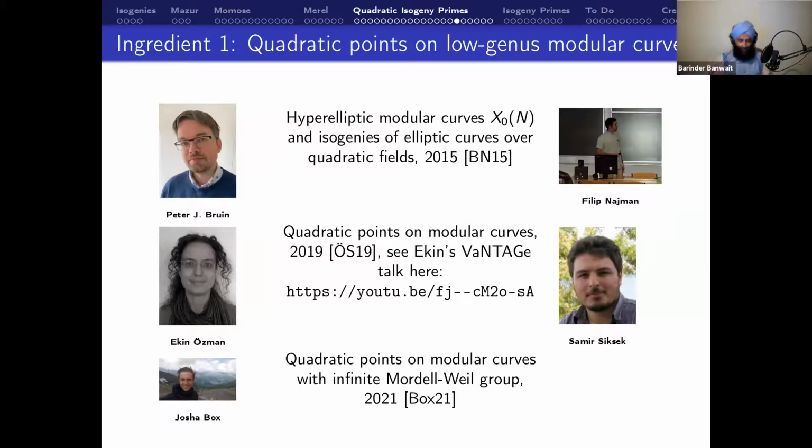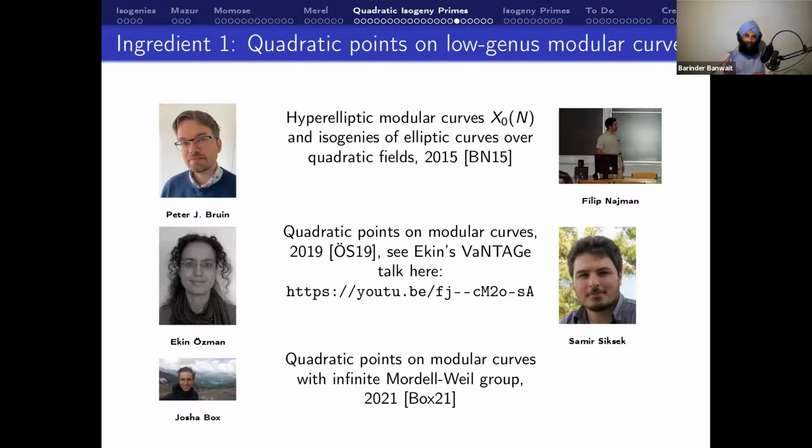So this is some work that was started by Peter Brown and Philip Nyman. So they considered the quadratic points on hyperelliptic modular curves, apart from n equals 37. And then more recently, Ekin Özman and Samer Siksek dealt with the non-hyperelliptic modular curves in genera 3, 4, and 5, with the restriction that the rank of the Jacobian is 0.